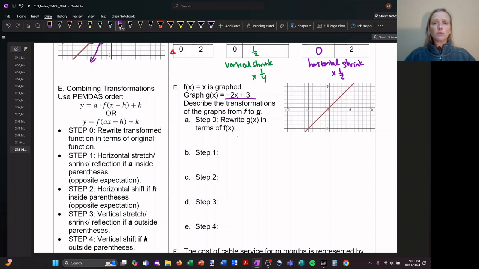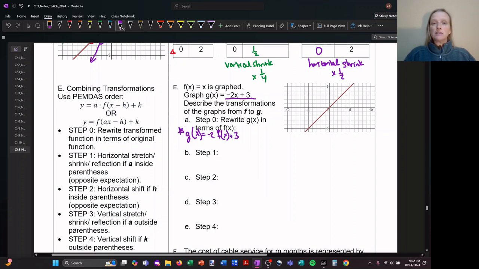So it can help to kind of rewrite g of x in terms of f of x. So it's like we took that f of x function there and we wrote it as g of x equals, we kind of multiply it by -2 after we've processed f of x. And then we also add 3 afterwards.